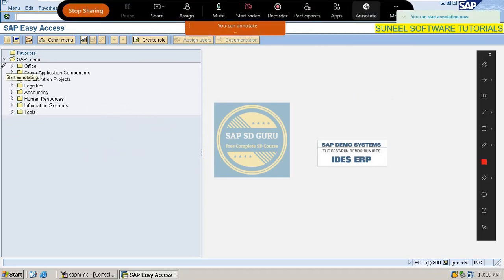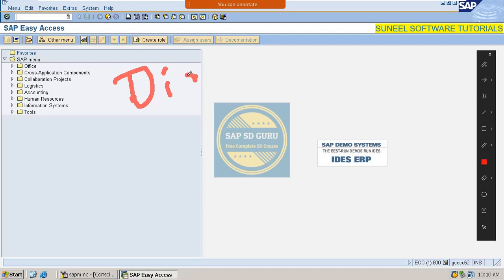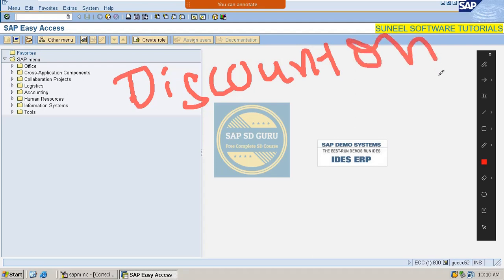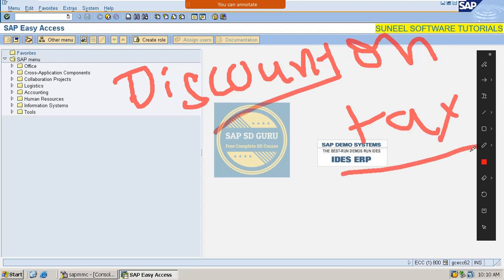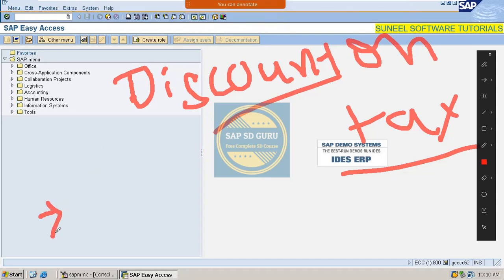The scenario is discount on tax. What it means here is we have to give a discount on the tax that the customers are paying.